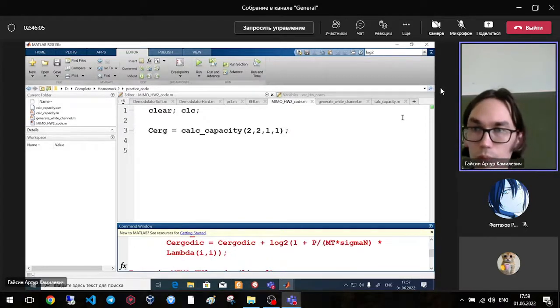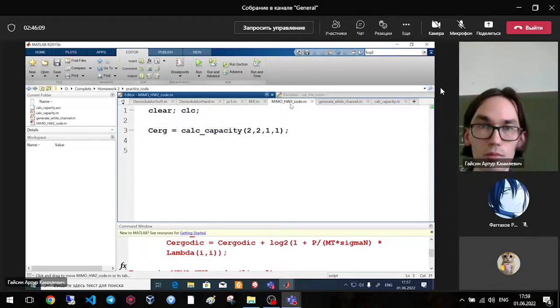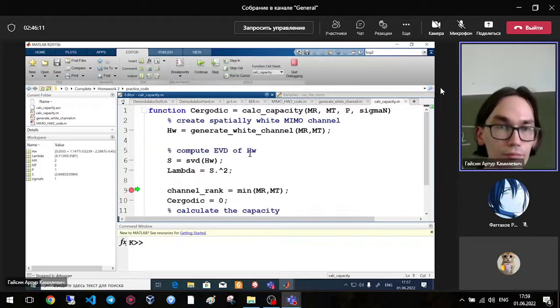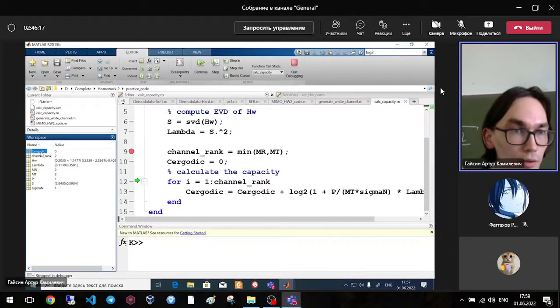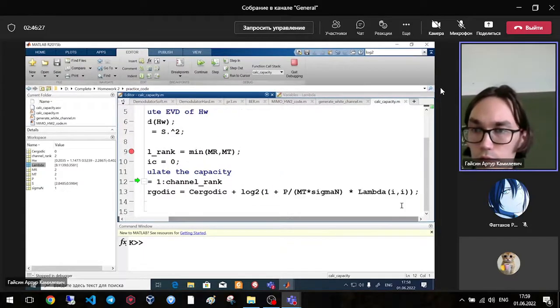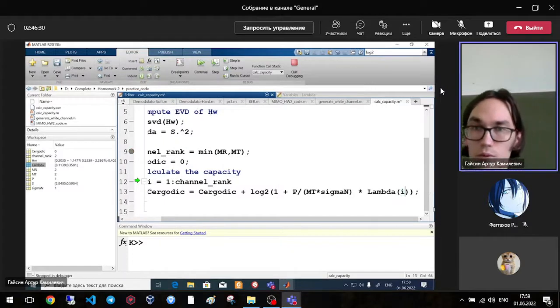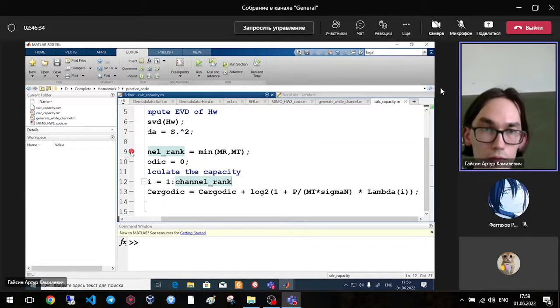Okay, so maybe we can check it with this breaker here. And let's see what we have. So we create C ergodic, lambda is equal to... okay. So yes, I see that we should use just I in this case, without second I, like this one. Yes, of course.